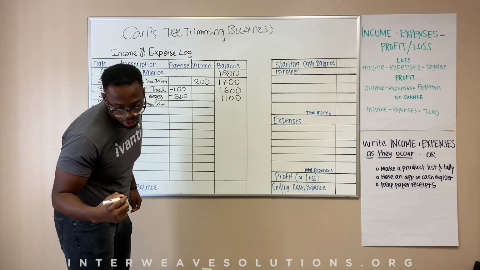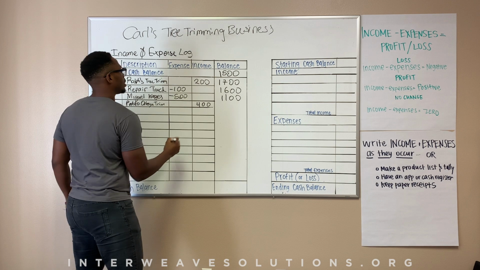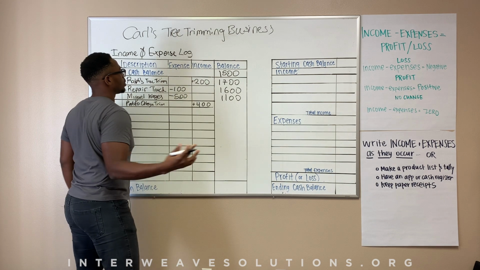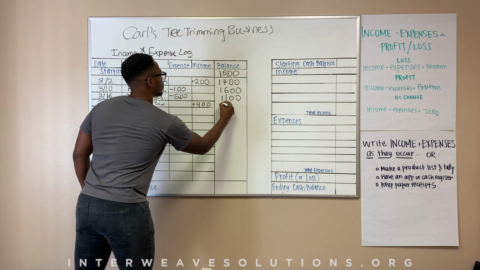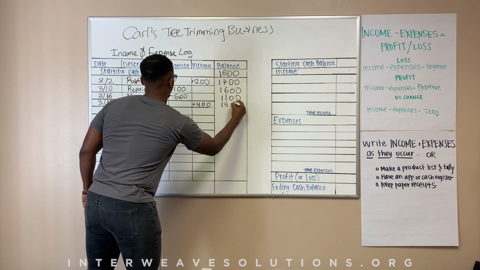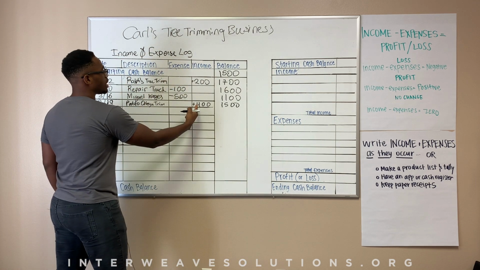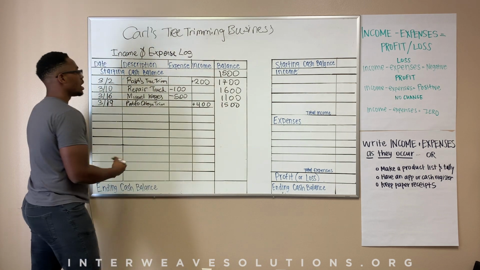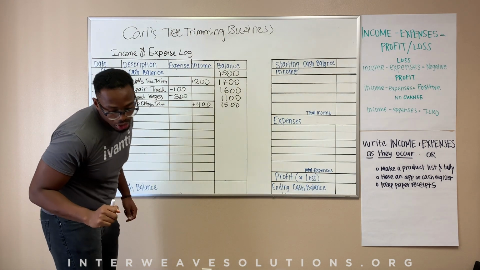How much did he pay us? He paid us 400. Let's put a plus sign here so we know where money is coming in, and that will amount to 1,500. How we got to this number is that we added 400 to 1,100, and we got 1,500.